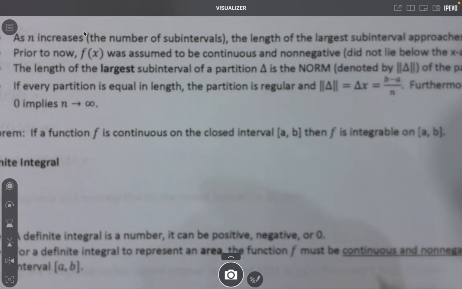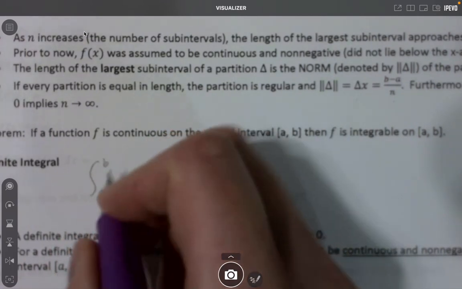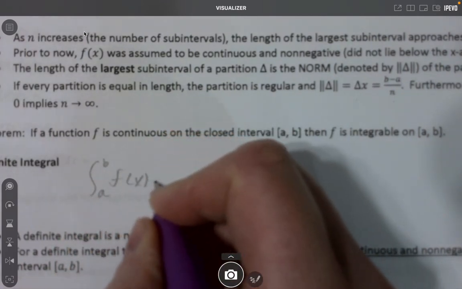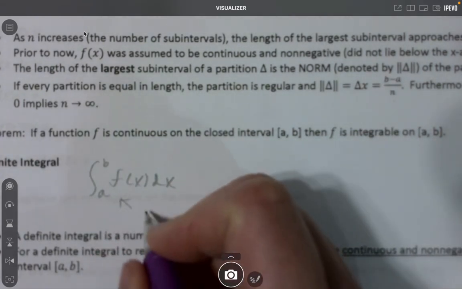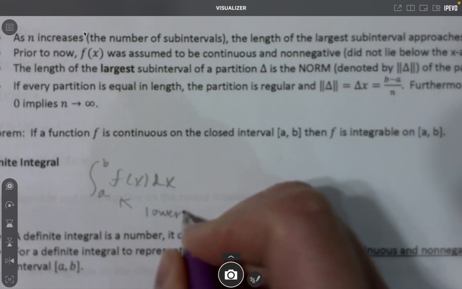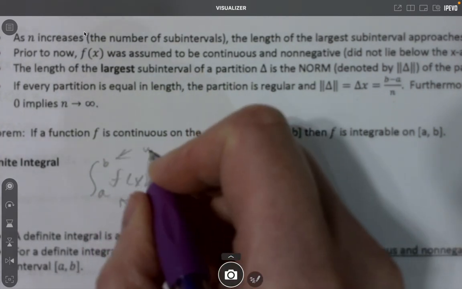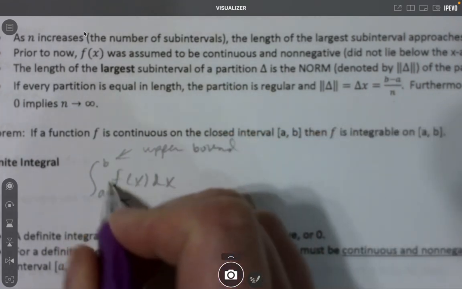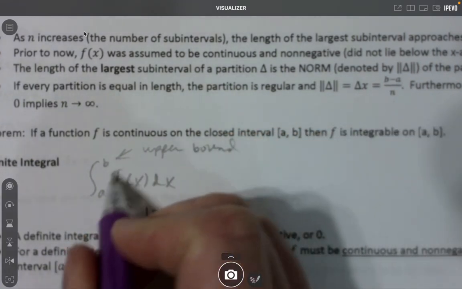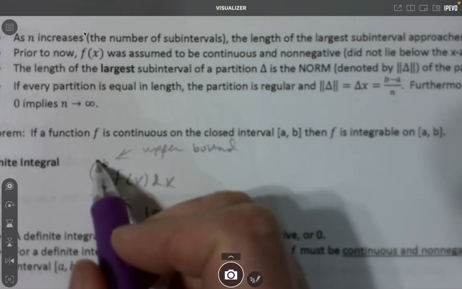So this brings us to the definite integral. The definite integral is from a to b of f of x dx. a is our lower limit or lower bound, and b is our upper limit or upper bound. And remember, this f of x dx is like our derivative, and when we take this antiderivative, that's what we're doing here with this integral, right?